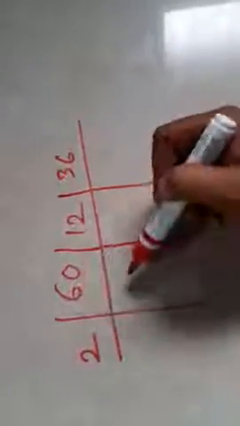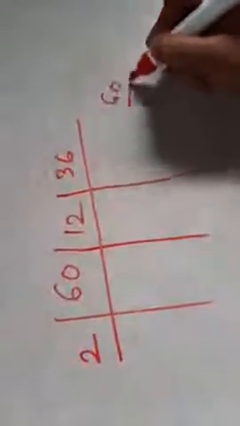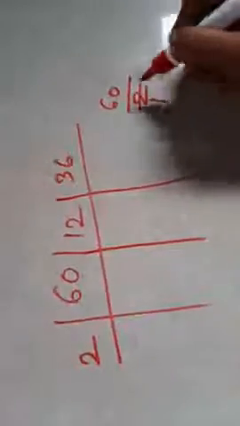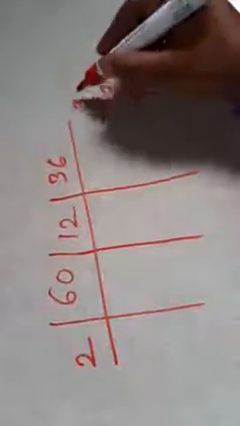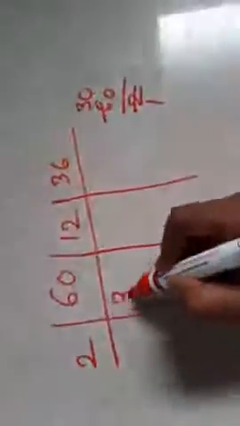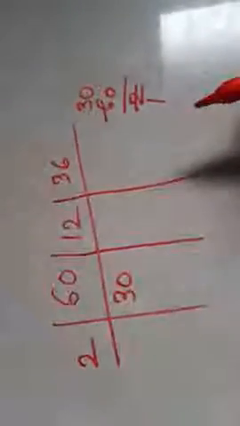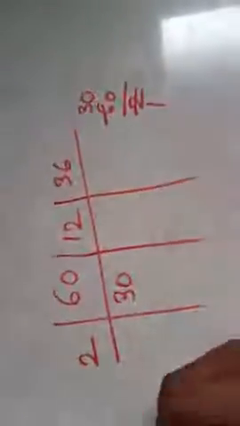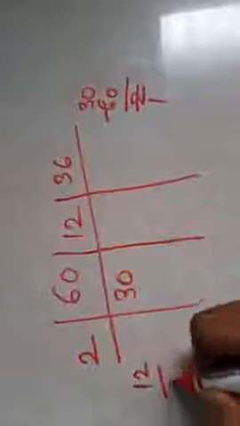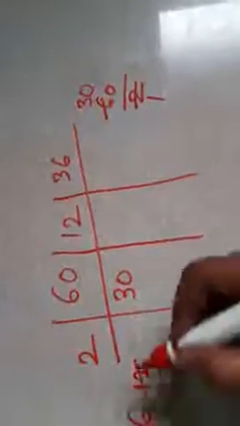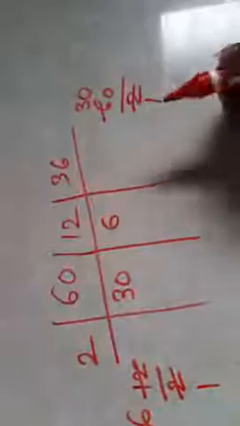Below 60 what should be written? 60 divided by 2: 2 ones are 2, 2 threes are 6, 0 as it is. So below 60 we will write 30. Below 12 what should be written? 12 divided by 2 will be 6.